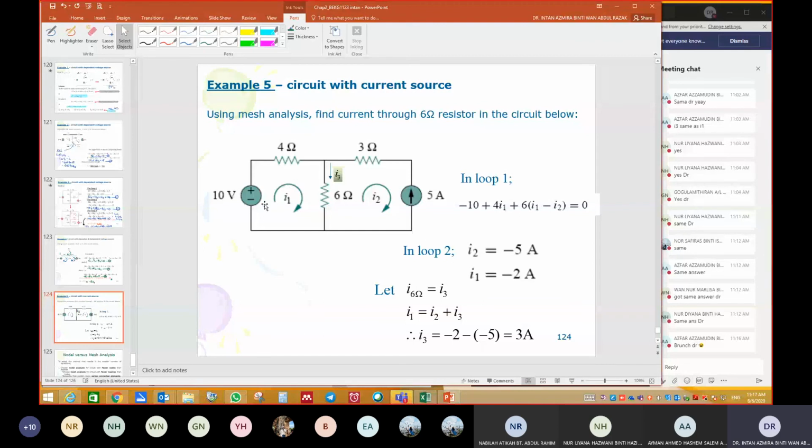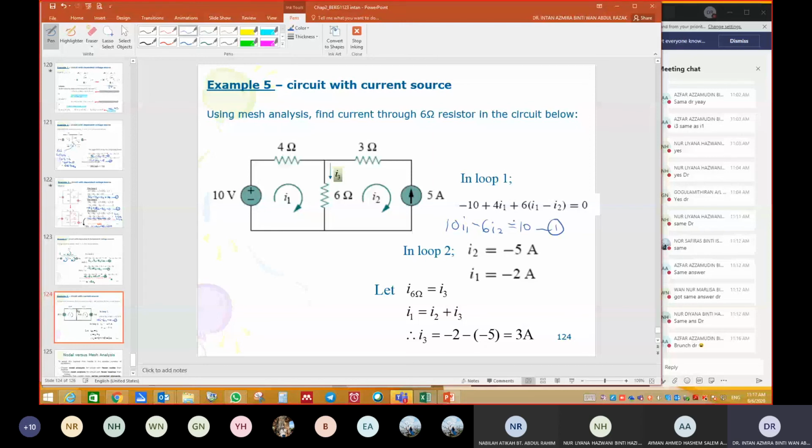In the first loop, we have minus 10, and then, if I can write the express method, I just count 4 and 6. So positive 10 I1, and then we have minus 6 I2, and we have a voltage source negative 10. So I just write equal to 10. This is my first equation.